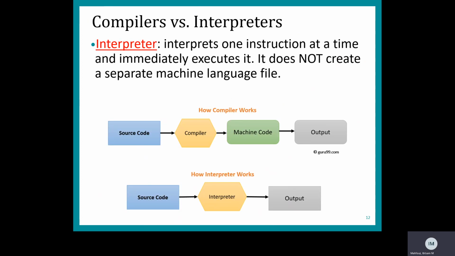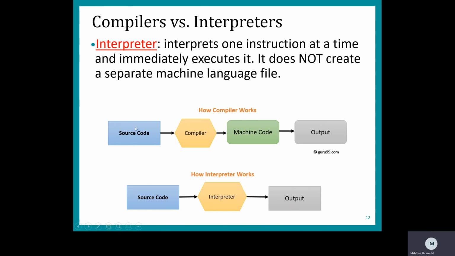But what we're doing when we're using Python is using something called an interpreter. Now, the difference between a compiler and an interpreter is that a compiler will look at every single line of source code, and if it doesn't have any syntax errors, it will translate it into machine code, and then it will start giving you an output.